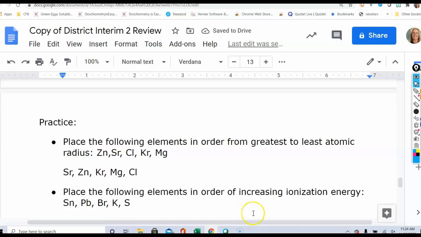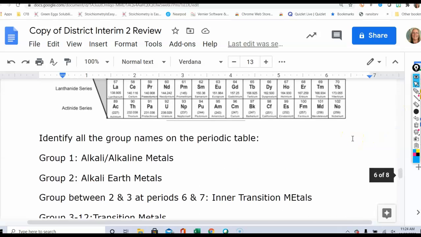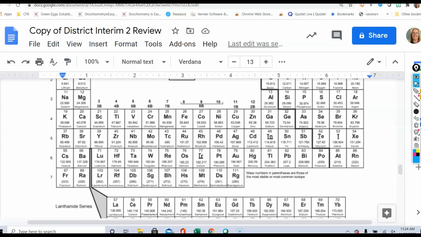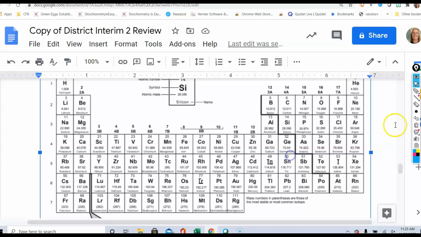Then we want to do increasing ionization energy. Remember, that trend is in the opposite direction. So let's see if we can find those on our periodic table. Those are tin, lead, bromine, potassium, sulfur.